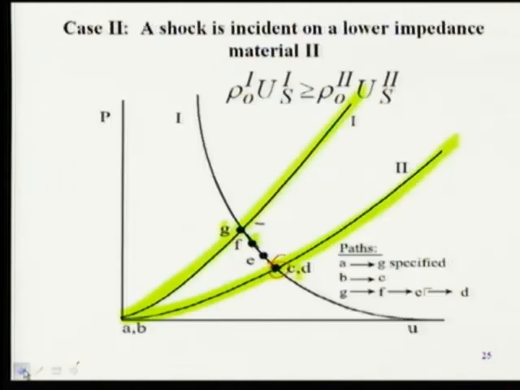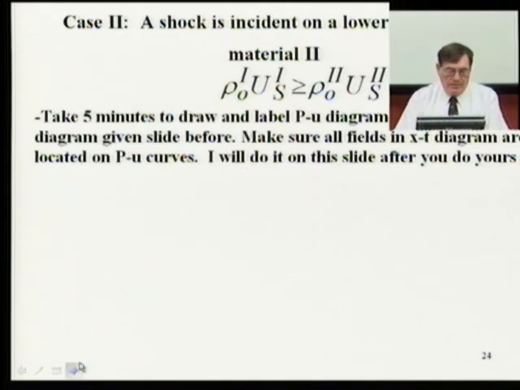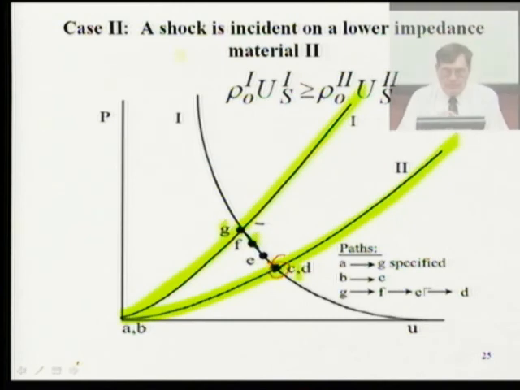But again, experience tells me that when you start a problem, before you do the real numeric problem, like I was just showing you, do your XT diagram and PU diagram in this graphic form without numbers.